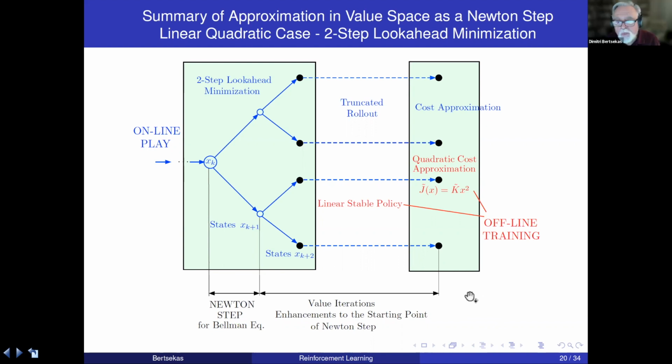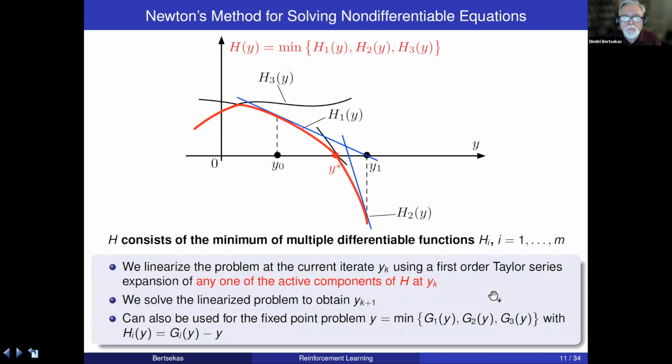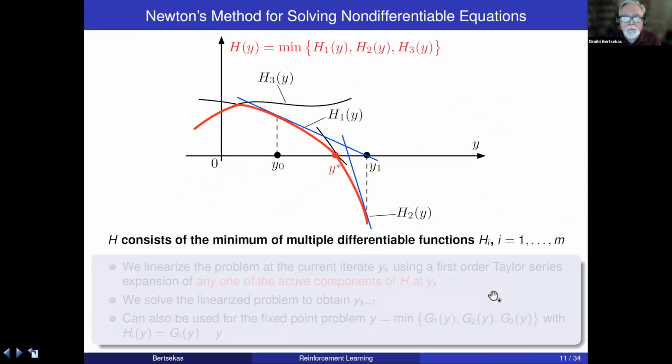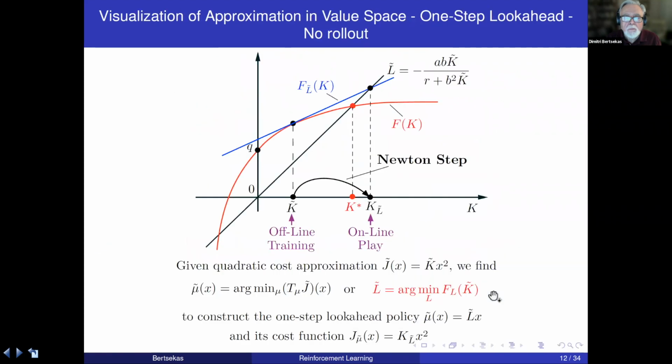No, it doesn't move from one state to another state. It moves from one function to another function. Okay, here, there are no states in this figure. We represent cost functions.